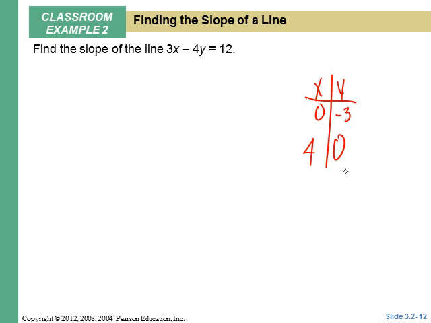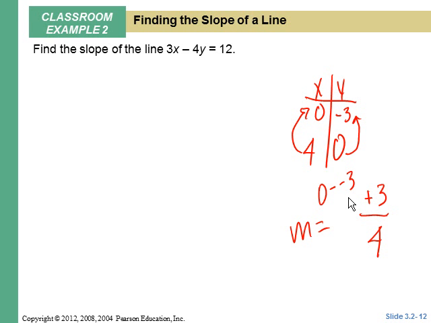Okay, so we do y2 minus y1, which is negative 3, over x2 minus x1, which is positive 4. So our slope is negative 3/4. I gotta make sure I got that right. No, positive 3/4, because it's 0 minus negative 3, so it's positive 3/4.